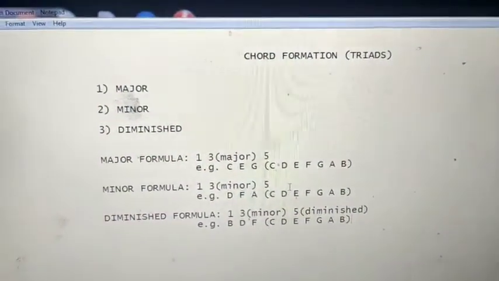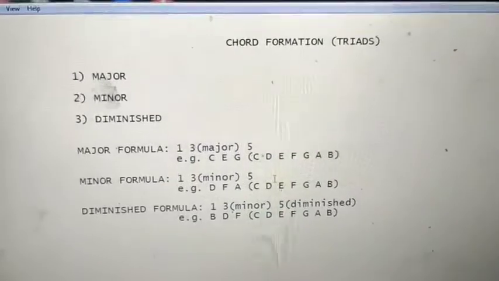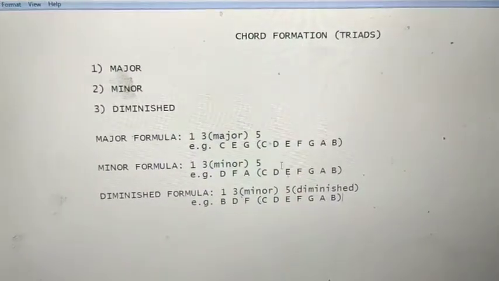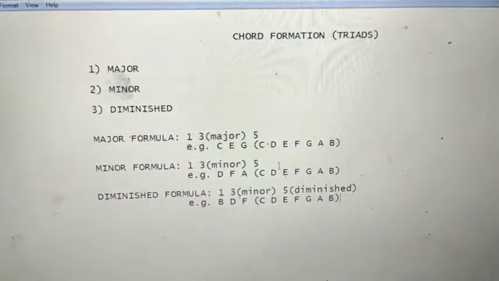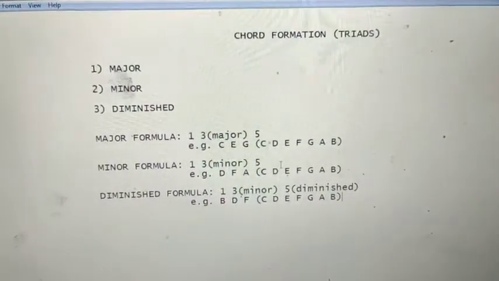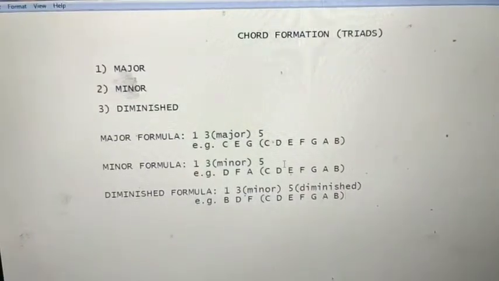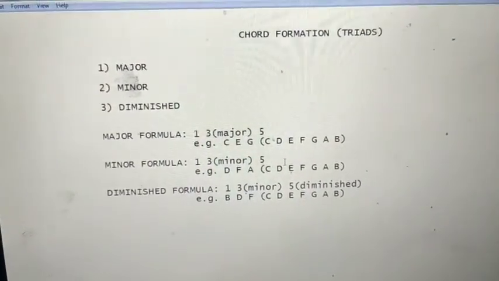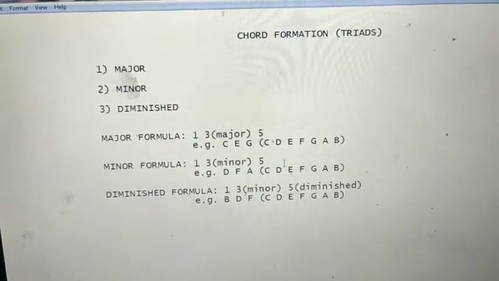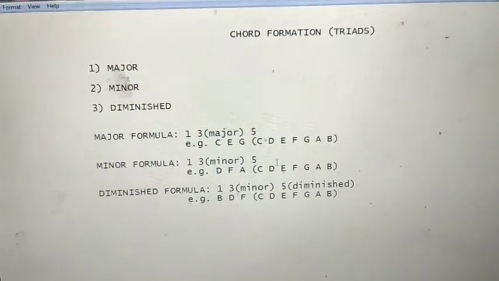Now, what is a major chord and what is a minor chord? Whenever you play a major chord on guitar, for example A major or C major, it will always sound a little bit happy. That is why the name major is given to it. If you play a chord that is minor, then it will sound a little bit dark, a little bit sad.